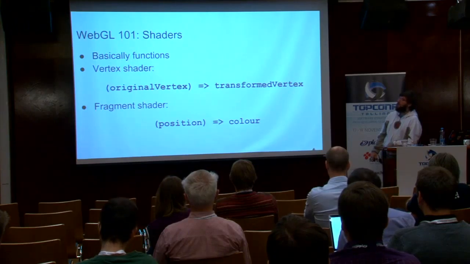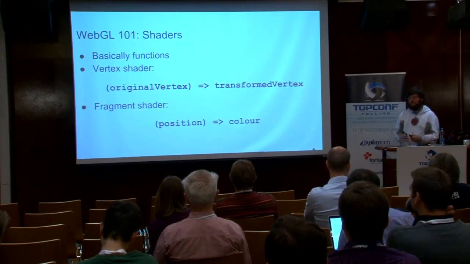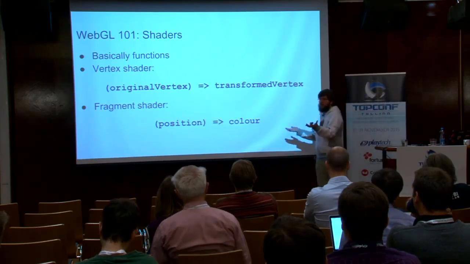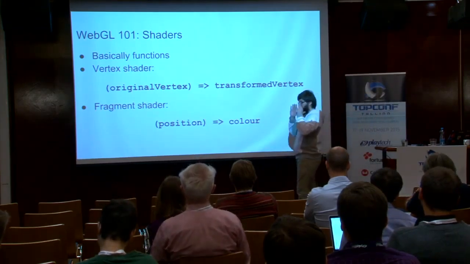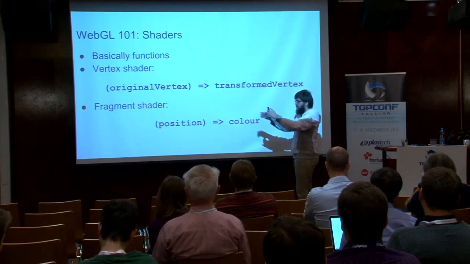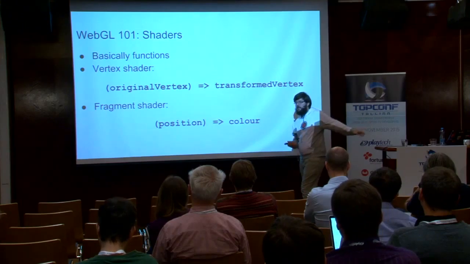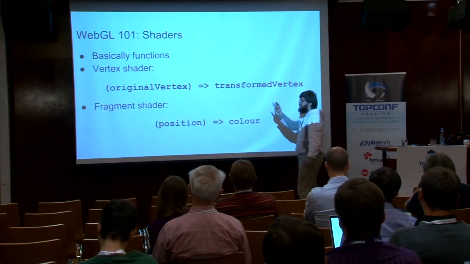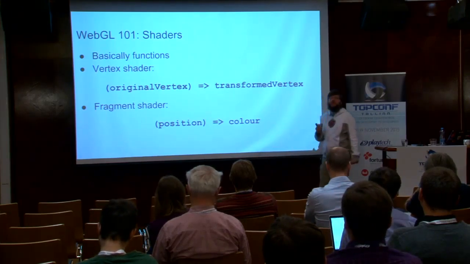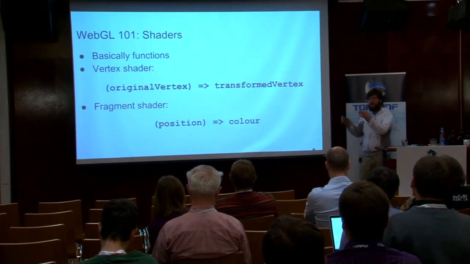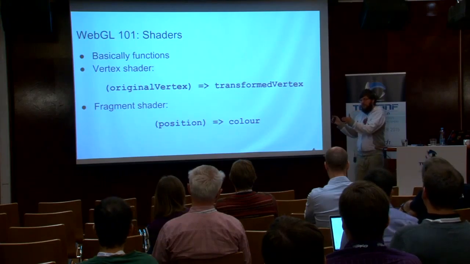Okay, fine. So for instance, you might want to figure out a camera. A camera is a concept that we're having, and if I say I'm the camera and I'm facing this way, you don't really want to draw something that is over here because it's outside of the camera. So a vertex shader can be used to do this for you. You can write a function that figures out, is this vertex in the viewport of this camera or not?